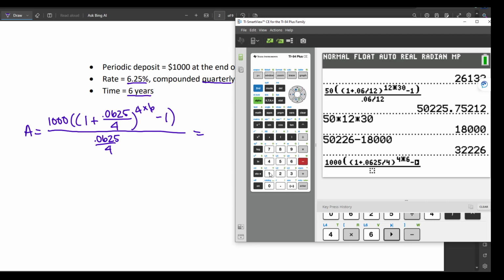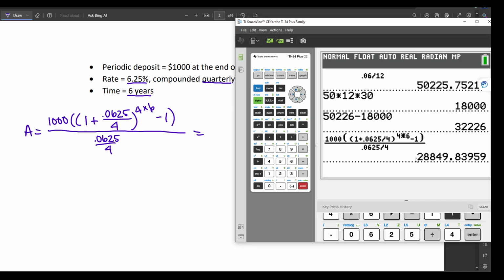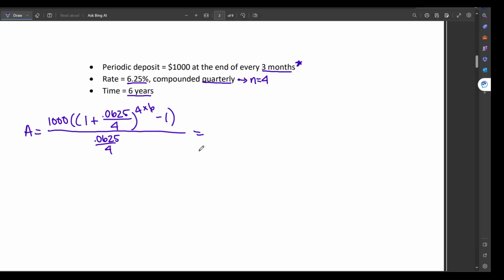Out of our exponent box, minus 1, and then divided by 0.0625 divided by 4. We have $28,849.84. We're going to round to the nearest dollar, so $28,850. That is our future value. That's how much money we'll have in our account.